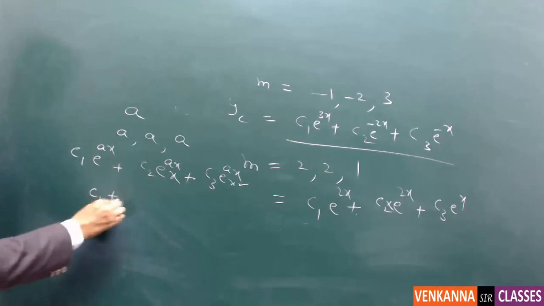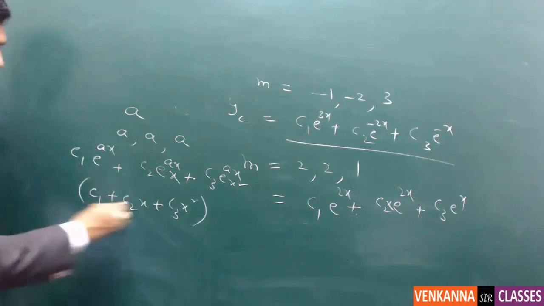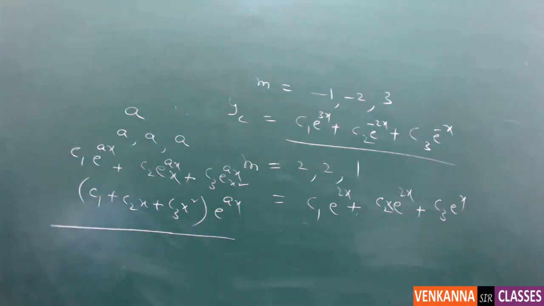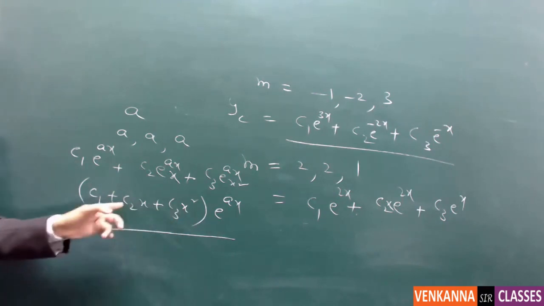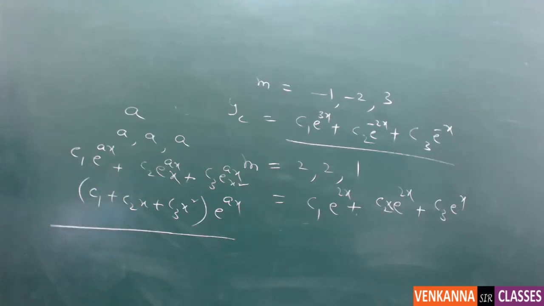So C1 plus C2x plus C3x square into e power ax is the formula. Okay. So for the repeated roots, this is the solution. For the remaining, we will write them as they are. Clear? Yes or no?